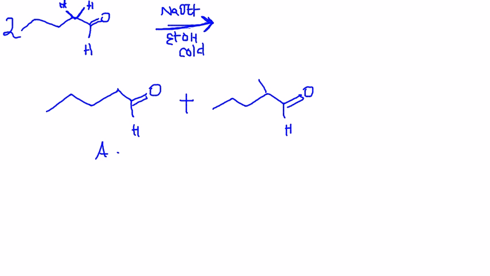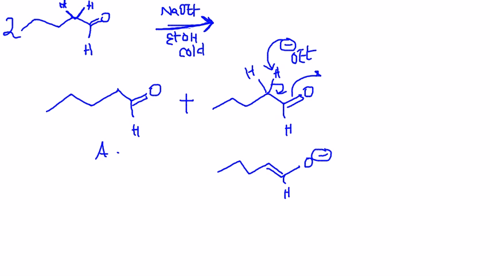So OEt is going to come in, pick up the proton, electrons move, and now we are going to just show the opposite of what we have. That means the donor is going to attack the acceptor, electrons move, and you have, so let's just number it, 1, 2, 3, 4, 5, and I have 1, 2, let's call it 6, 7, 8, 9, 10.